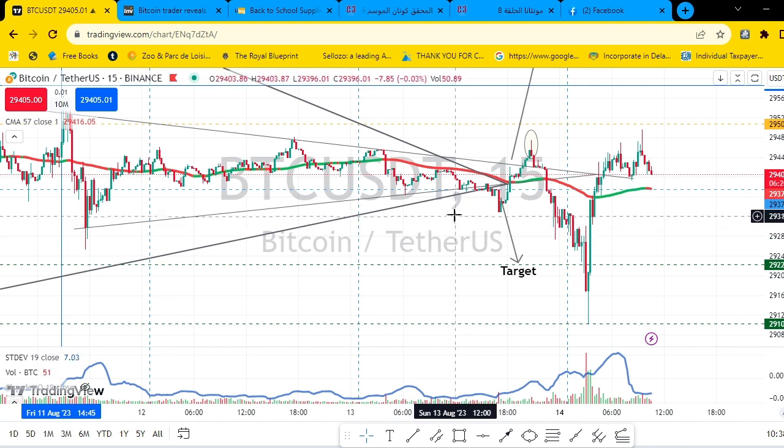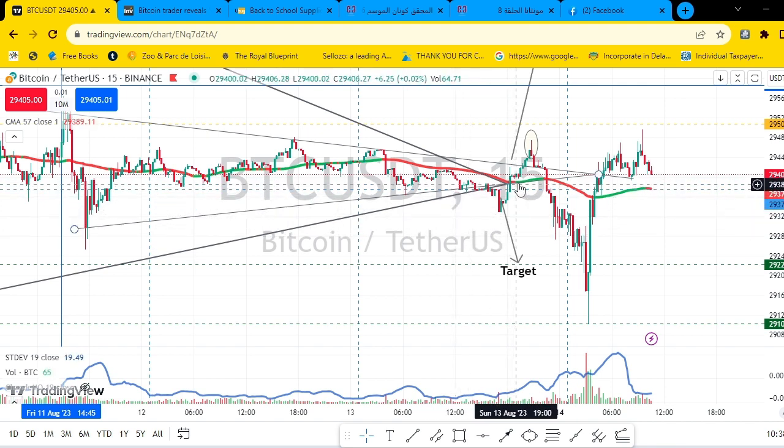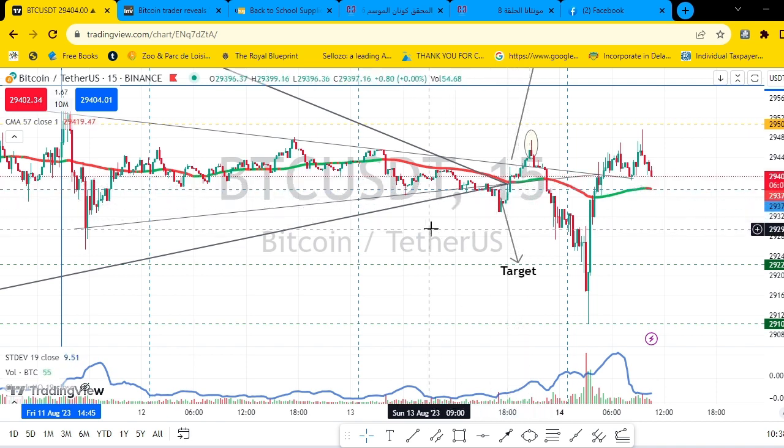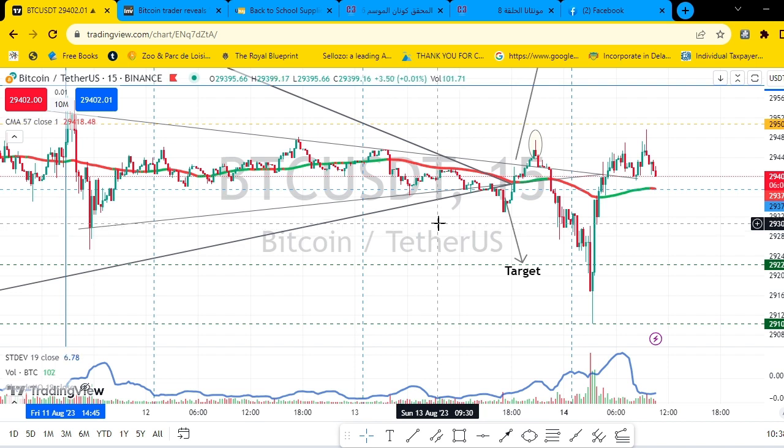a sell signal. And here it was a tricky move, where we had to wait until we see a big, strong, solid confirmation for a sell. What is that?